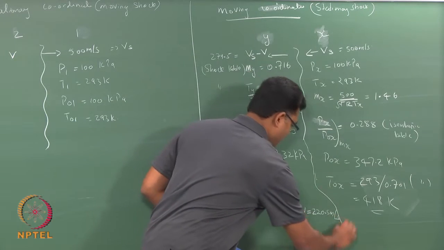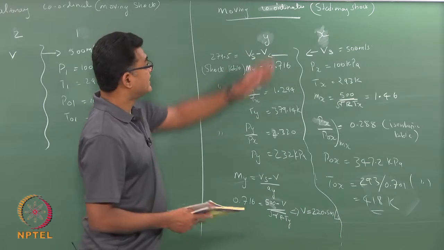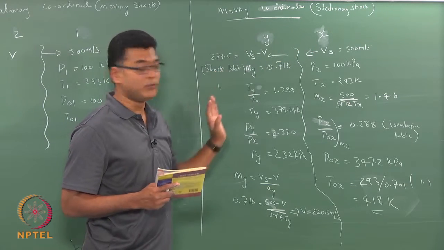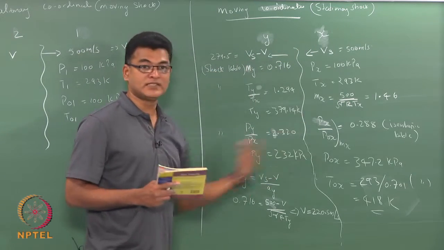Okay. So these are the quantities in the stationary wave or moving coordinates. If I move along with the shock wave, these are the changes I would feel.